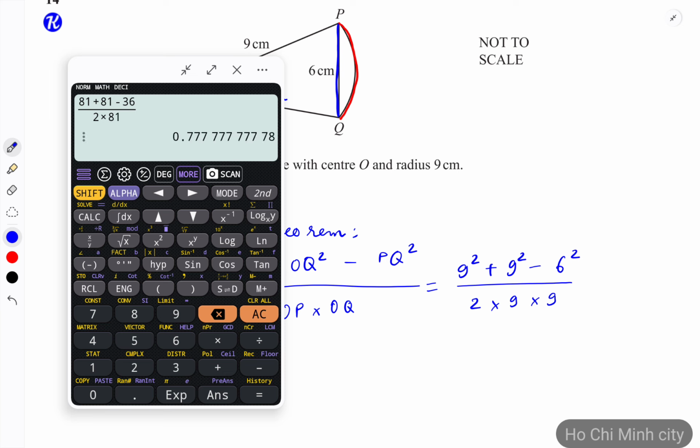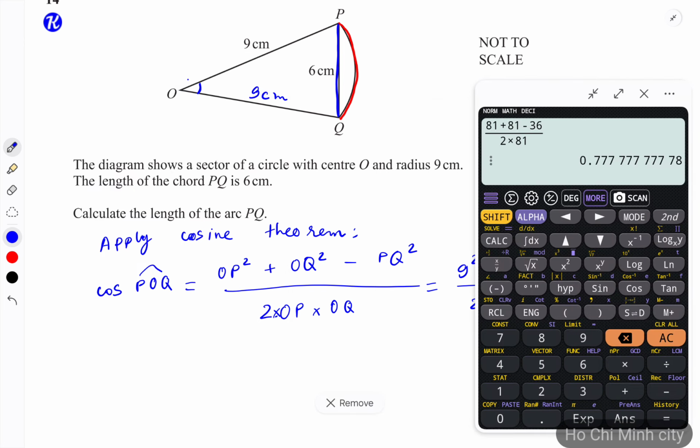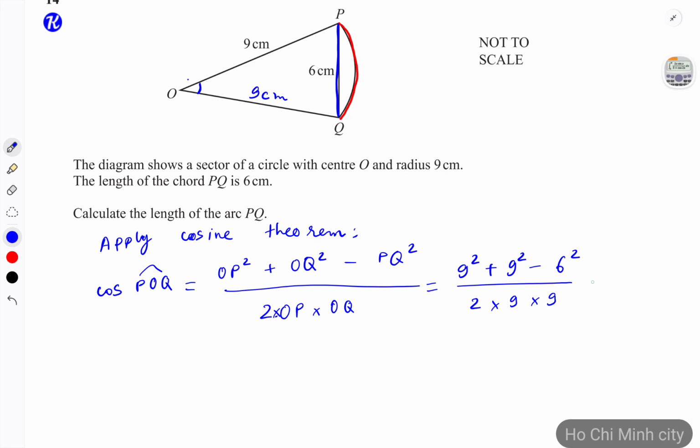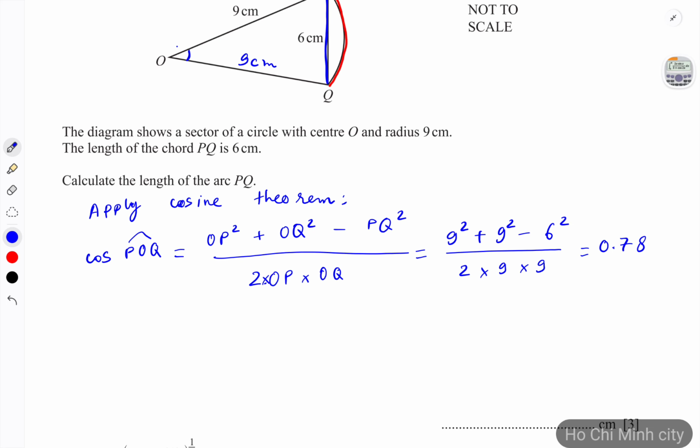So that is 0.777. All right, so this one is a cosine, right? 0.78. And we need to know the size of POQ.